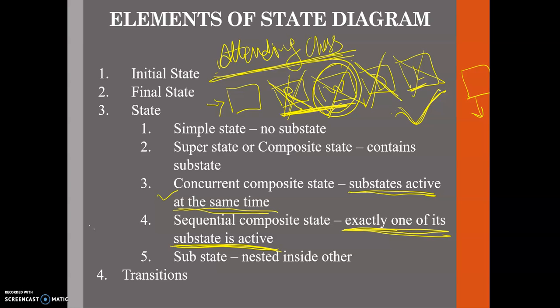So that we call the sequential composite state, where exactly one of its substates is active. And substates are nested inside the other, meaning when we have one state of writing, the substates are reading, listening, and so many things you are doing.